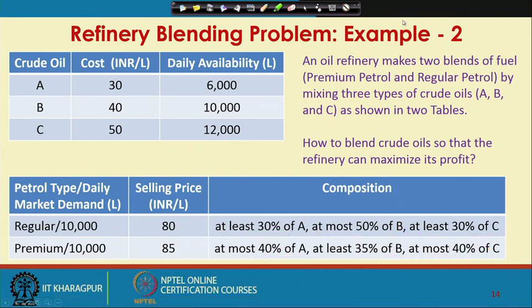Now, the question you ask is how to blend crude oils A, B, C, so that the refinery can maximize its profit.